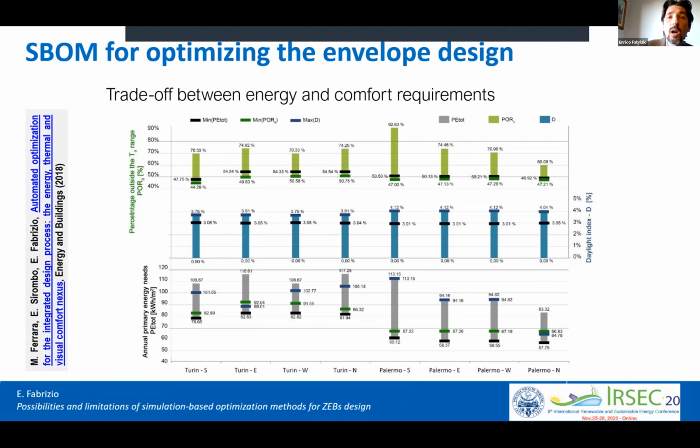On the other side, there is always a difference of 1 point of daylight index between the energy optimum and the daylighting optimum.